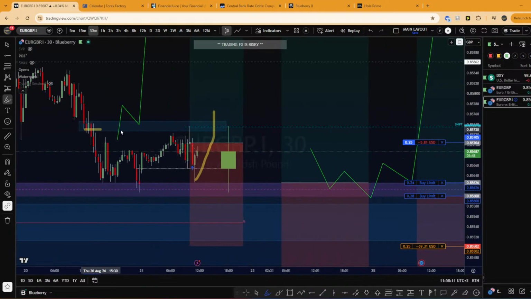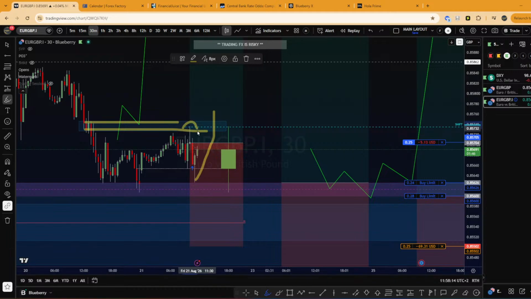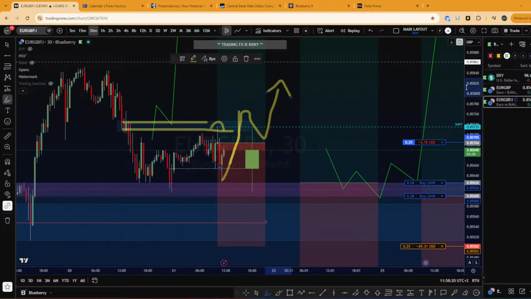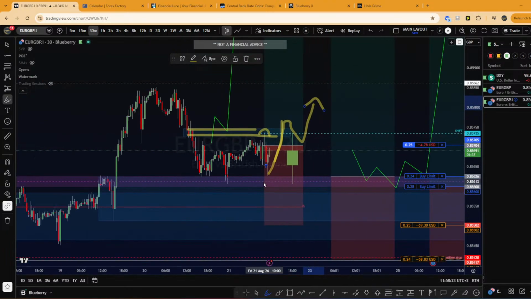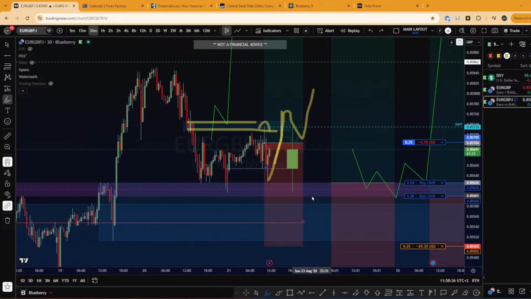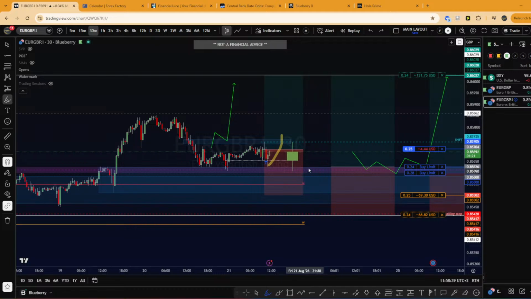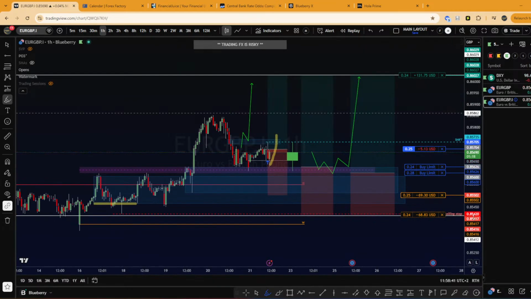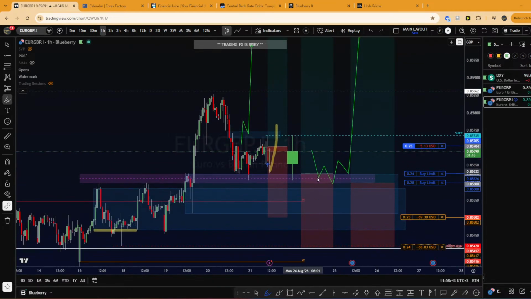You see this other block, we rejected a little bit at the news, and if we manage to break and close above it, this could potentially be a nice day trade, stopping a little bit below and trying to target this high, just a good scalp or day trade after the breakout of this level. But my main focus and preferred position will be a retest here.